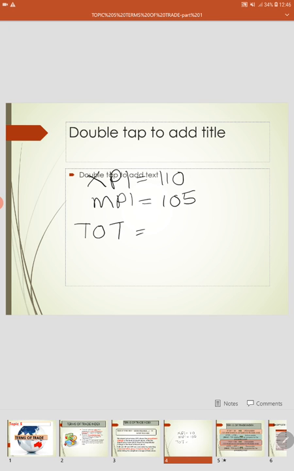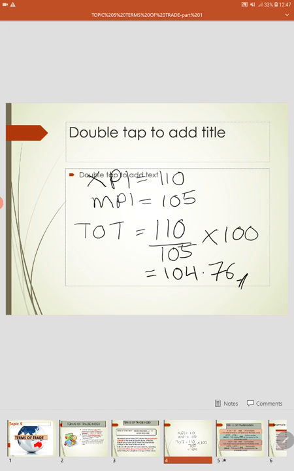It will be 110 divided by 105 times 100. The answer will be 104.76 to 2 decimal places. So this is the basic calculation of terms of trade.